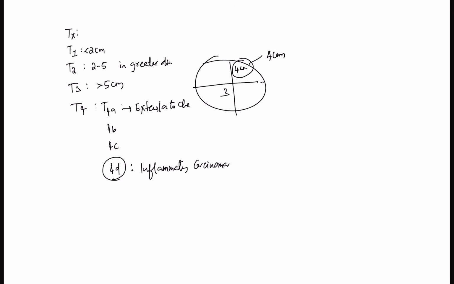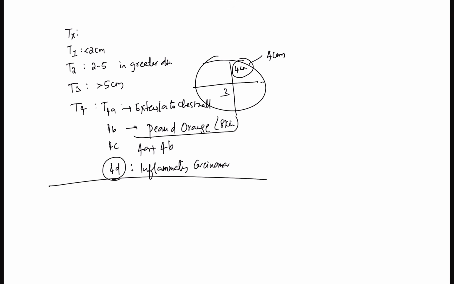If the tumor is more than 5 centimeters and it is extending to the chest wall, ribs, or muscles, then it is T4A. T4B is the classic extension to skin, which leads to peau d'orange appearance. These are the two things. If there is both extension to chest wall and extension to skin, then it is T4C. Then T4D is inflammatory carcinoma.